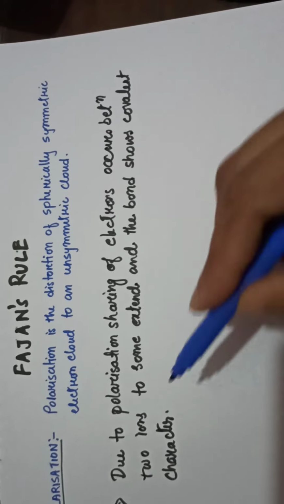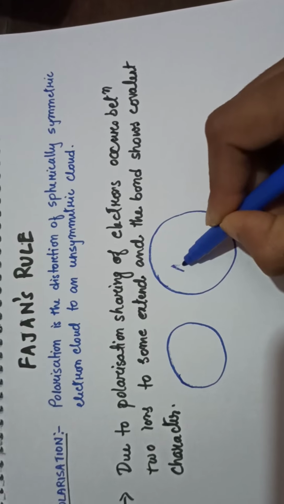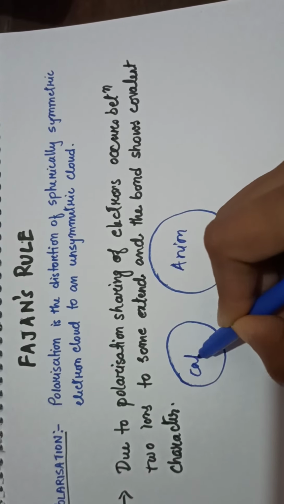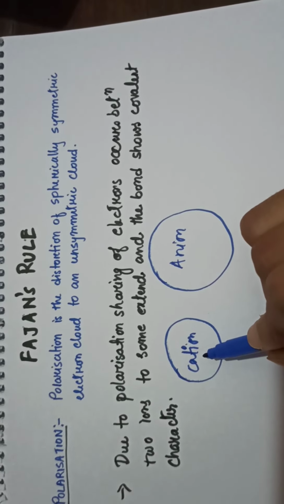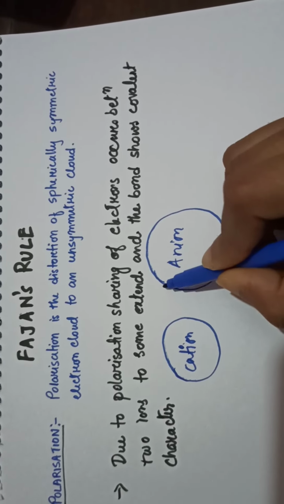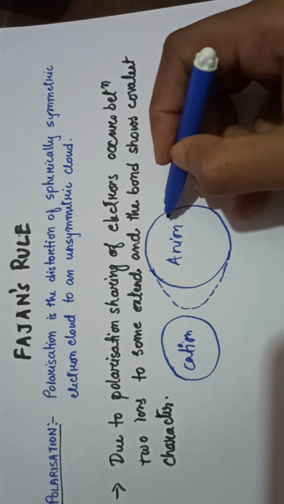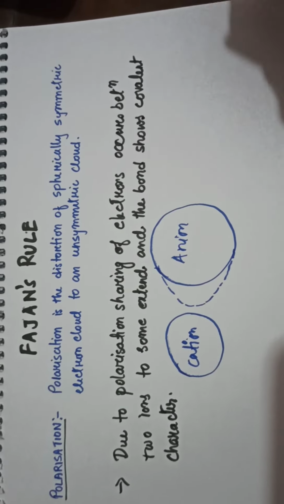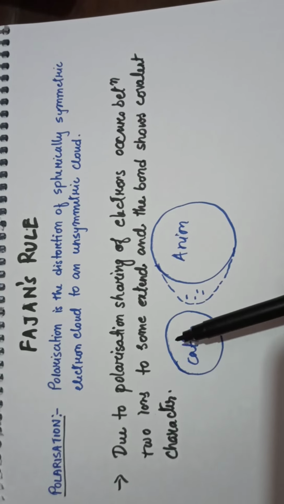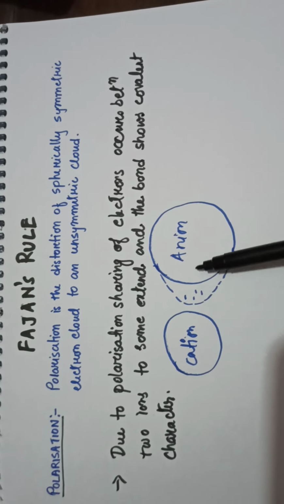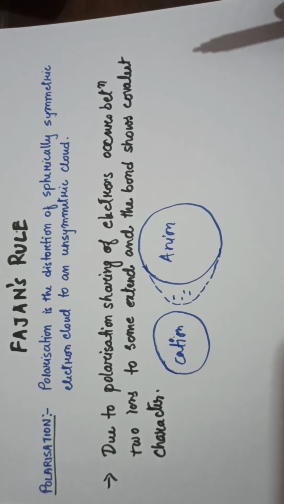So whenever a cation comes nearby to an anion, they both form an ionic bond. Then, due to the tendency of the cation to pull the electron cloud of the anion toward itself, the spherically symmetrical shape of the anion gets distorted towards the cation. Because of that we have polarization, and due to polarization, the sharing of electrons occurs between the two ions to some extent, and the ionic bond shows covalent character.